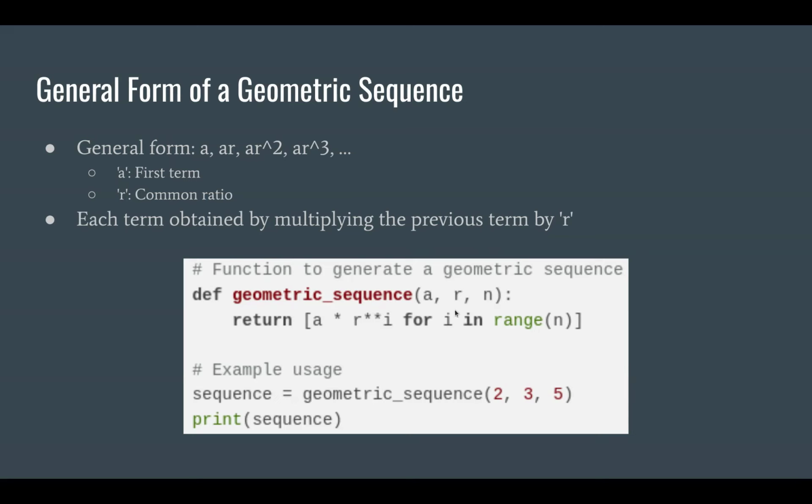Once we have this function, we can use it by providing the values of A, R, and N. For this example, it generates the first 5 terms starting from 2 with a common ratio R of 3. And we would have the output 2, 6, 18, 54, 162.